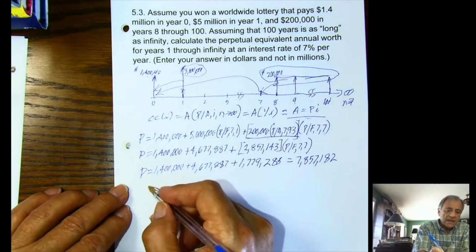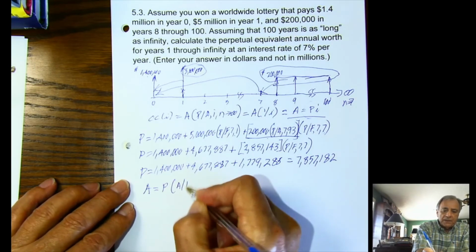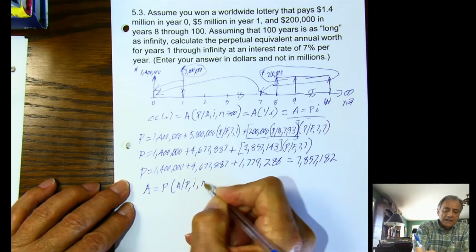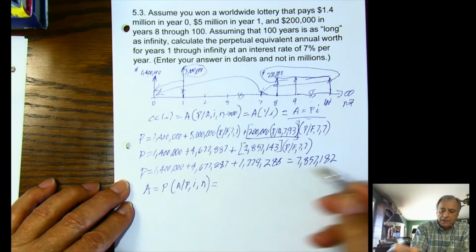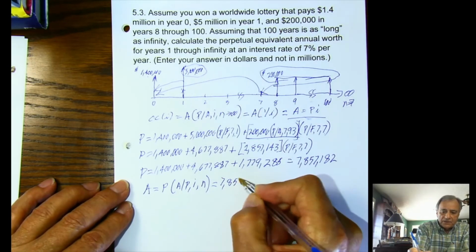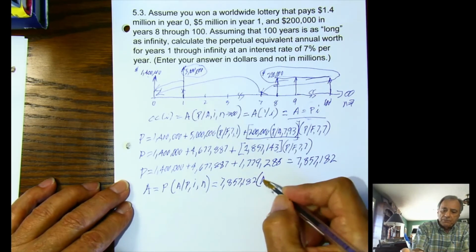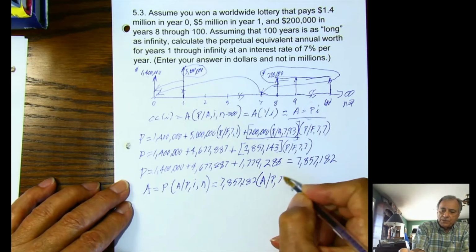So I say A is equal to P times A given P, I, N. This will be 7,857,182 times A given P, 7%.